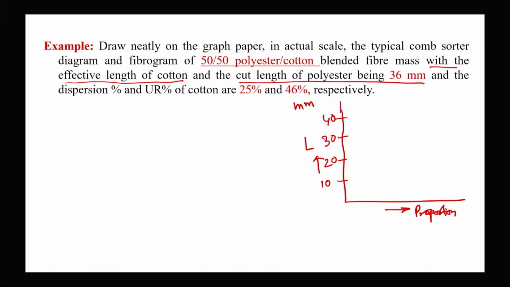This is important. So effective length, we will roughly locate it. Effective length is 36 millimeter. Then maximum length of cotton will be more than that, say around 42 millimeter. This is 42 millimeter, and let us draw.